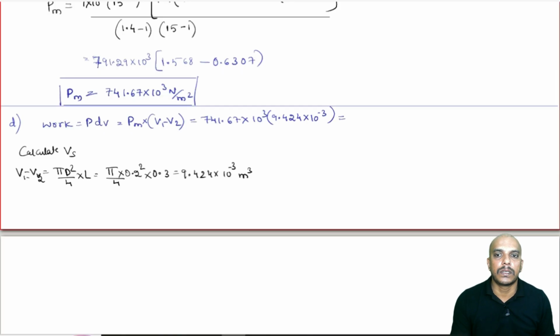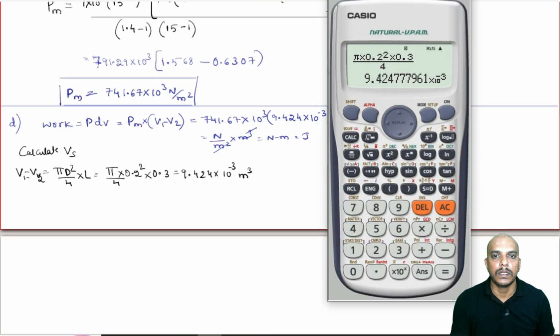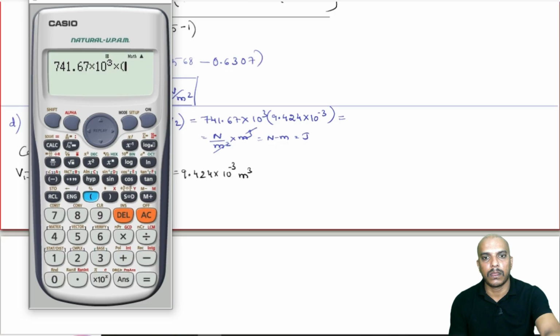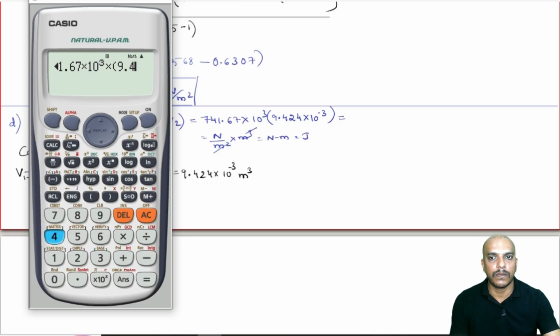Once we do this, we'll have work transfer. In what unit? This was in Newton per meter square and this was in meter cube, so we'll have Newton meter, which is joule. So the answer will be in joule. 741.67 into 10 power 3 into 9.424 into 10 power minus 3.